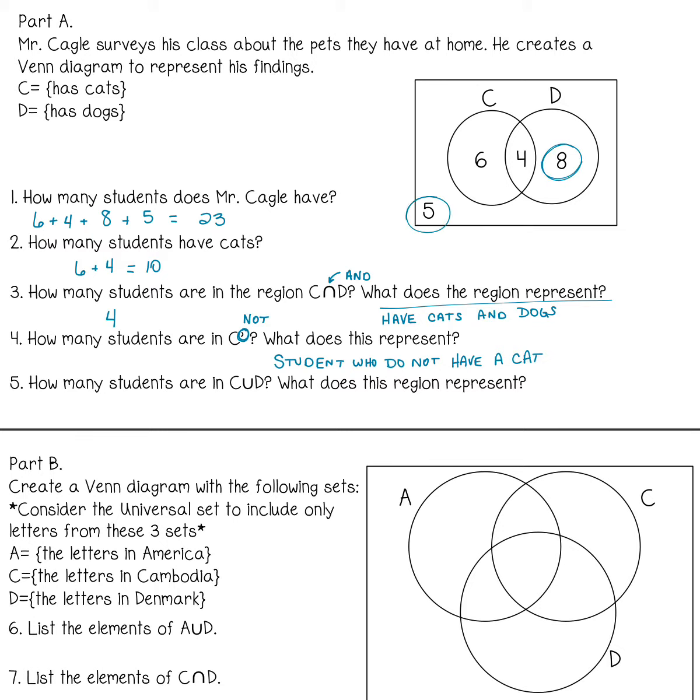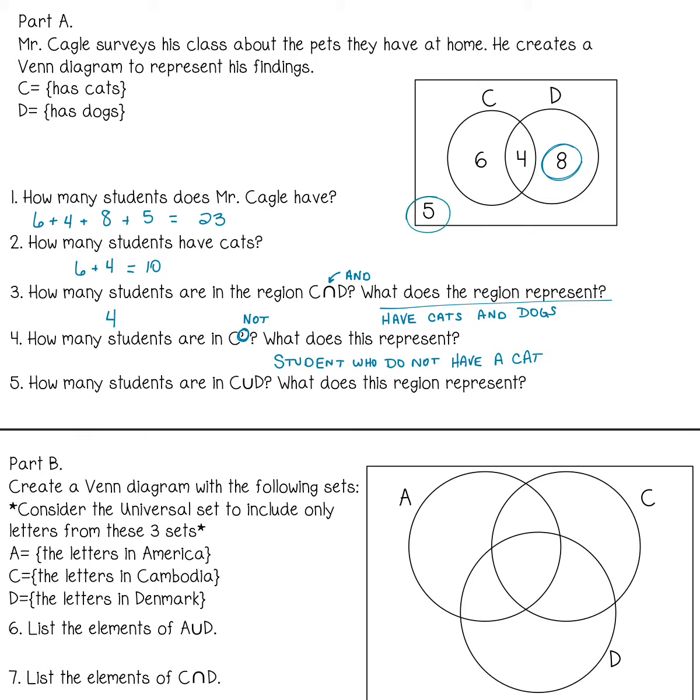Wowzer. So they can have one or the other, or both. So 6 students only have cats. 4 students have both cats and dogs. And 8 students only have dogs. So of our students, I get 18.